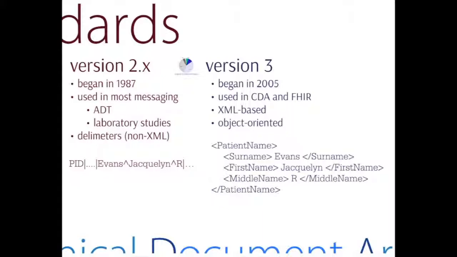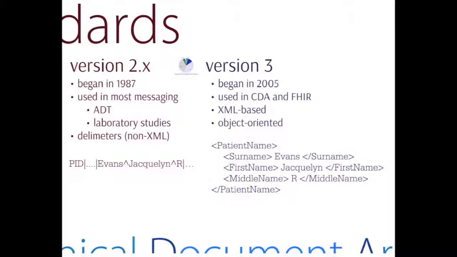Most of your information systems will deal with your demographic data, admission, discharge, transfer data, etc. And that's in the version 2 messages of HL7. As you see in the example here, it's a text-based file, but it has all these bars and carets to divide information.